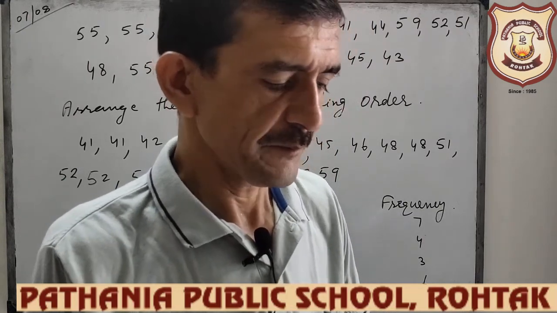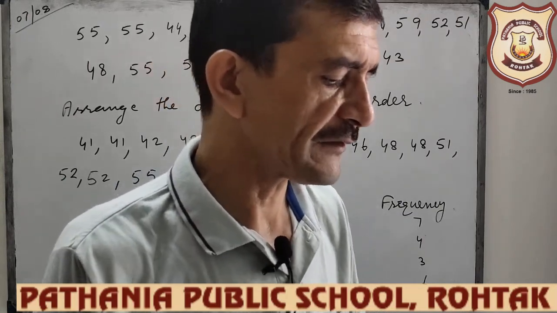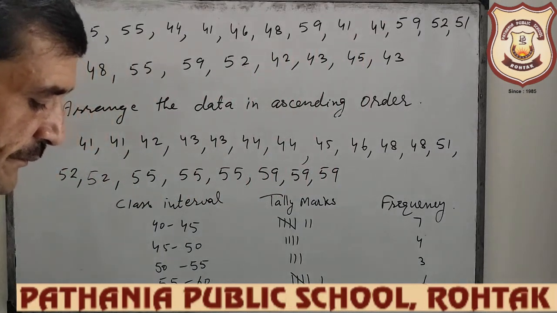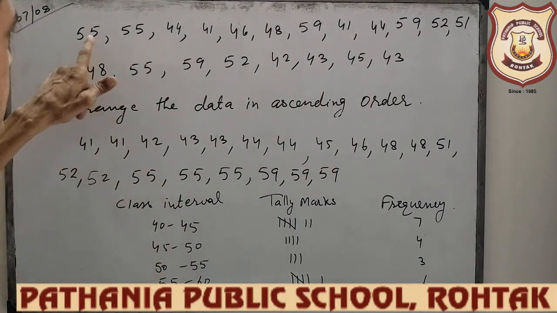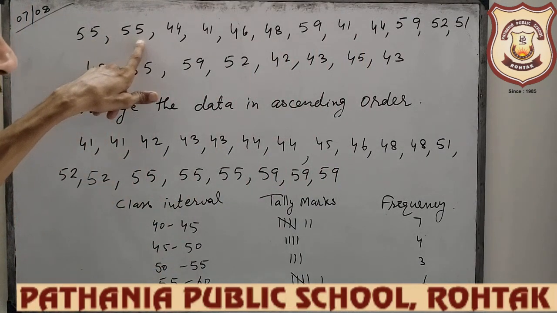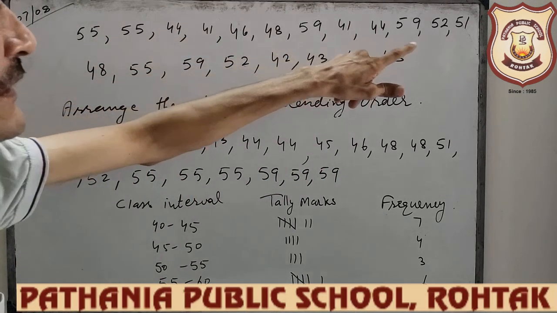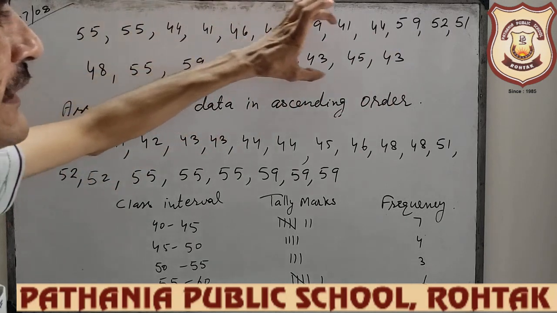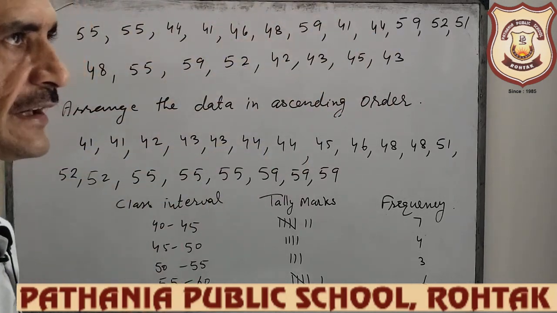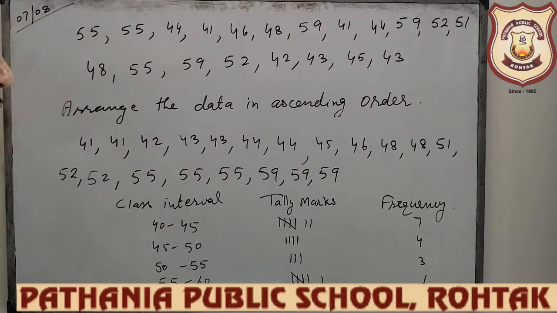The minutes are given like this: 20 students, the first takes 55 minutes, then the second also takes 55 minutes, third 44 minutes, in this way. These 20 students' time to complete a task is given, and we have to draw the bar graph of it.